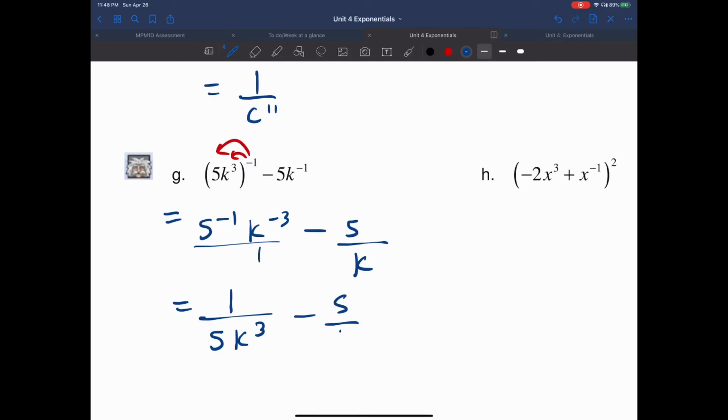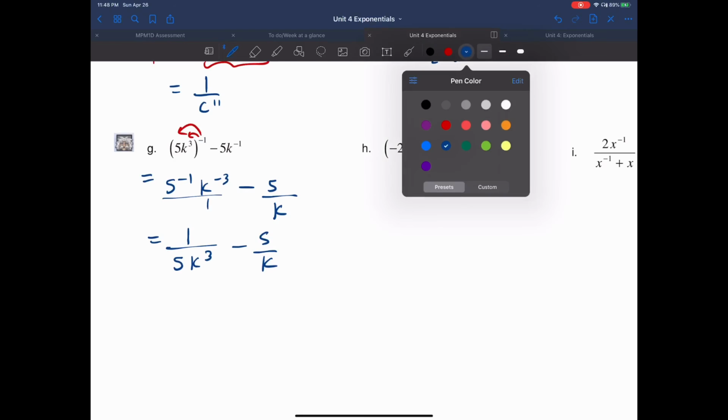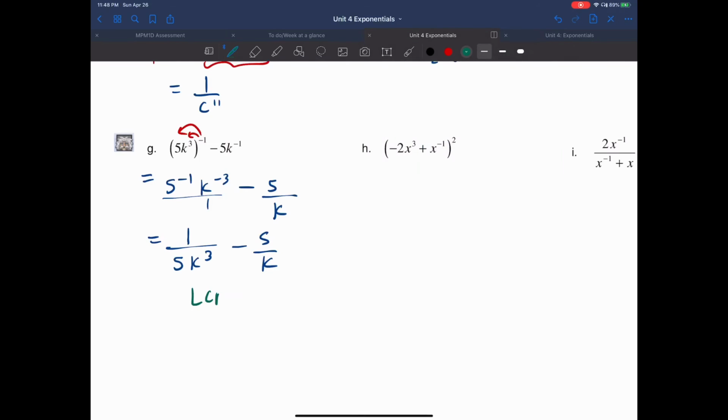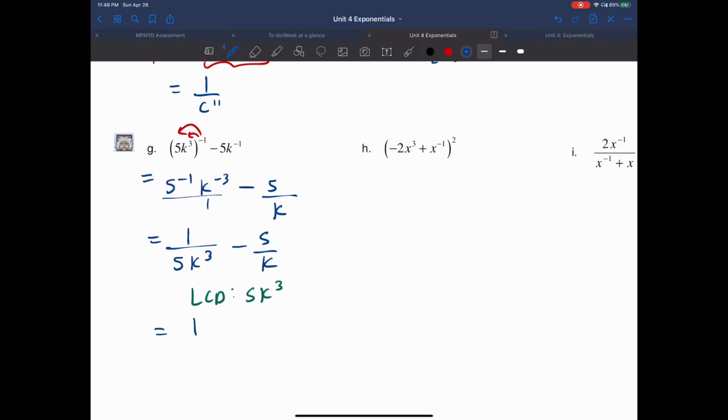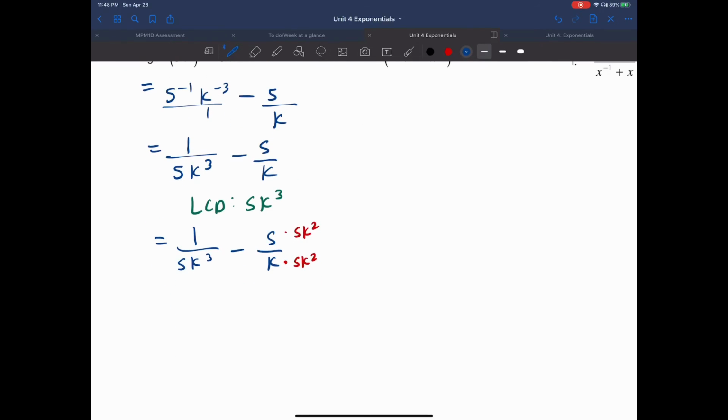So 1 over 5k cubed minus 5k, 5 over k. This reminds me of the reciprocal unit, and I want to use the LCD, and I recognize it's 5k cubed. I'm going to multiply the second term on the numerator and the denominator by 5k squared to get it to be 5k cubed.